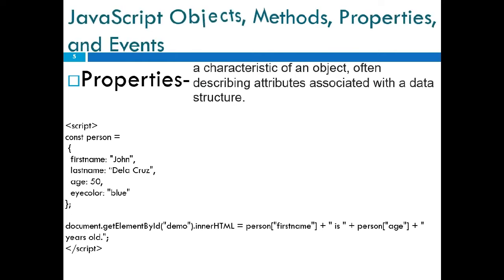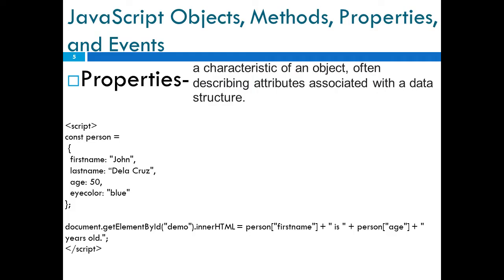The attribute that describes the first name is John, and the attribute for the last name is De La Cruz. 50 is the attribute for the variable age, and blue is the attribute for the eye color. So John, De La Cruz, 50, and blue are called attributes or properties.